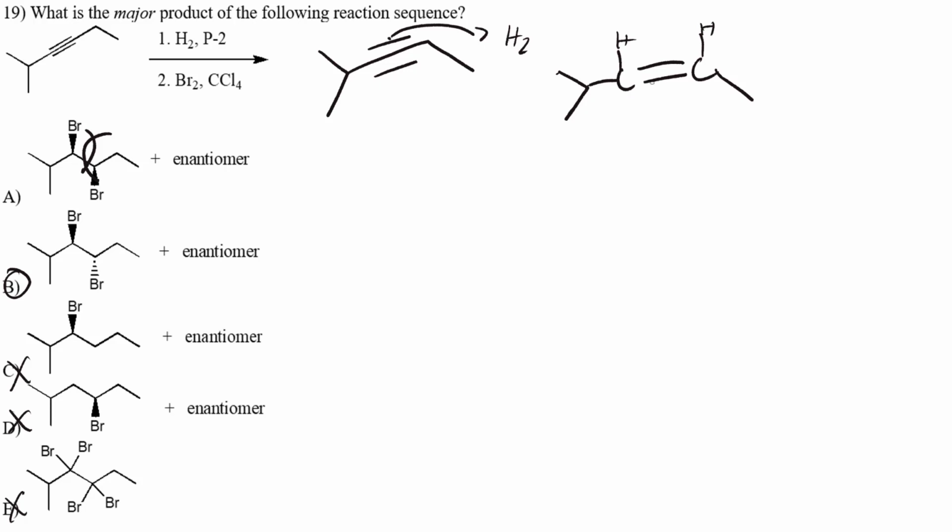And then in the second step, Br2 is added. So he breaks off, and this double bond can get bromine right there. So that must mean that we have this guy. Let's make him a hash.